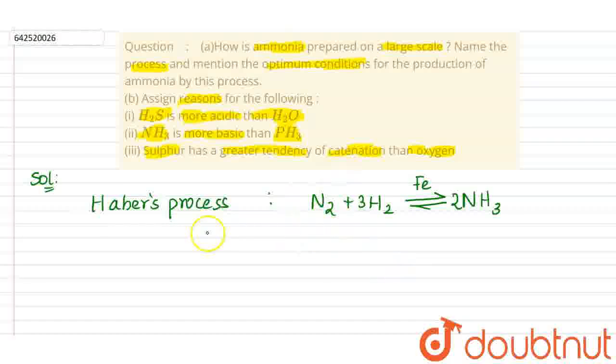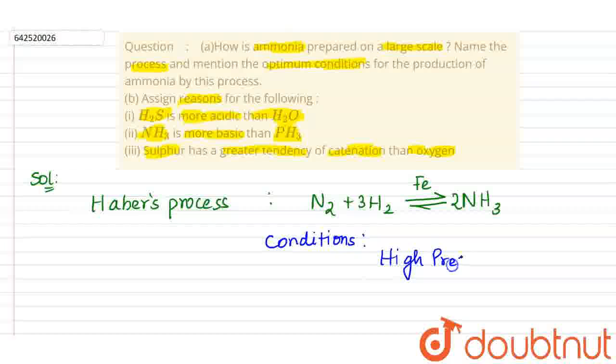The optimum conditions that should be applied for the formation of ammonia through Haber's process are high pressure, around 200 atmospheric pressure, and a temperature of around 400 to 450 degrees centigrade, or around 700 Kelvin.